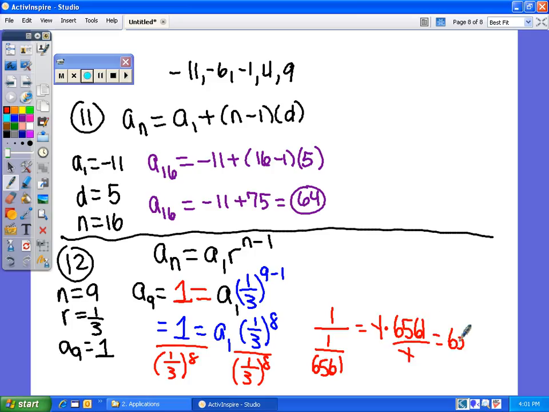So the answer is 6561. This is if you decided to do this by hand, or you can just simply put it into your calculator. So doing all this, we find out that a sub 1 is 6561. And all this means is that if I were to write out 9 numbers, it would start out at 6561, and if I kept on multiplying by 1/3, my 9th number would be 1. That's what this means.